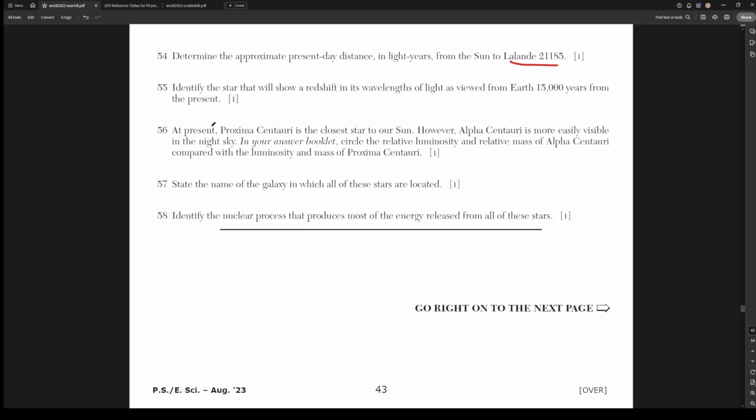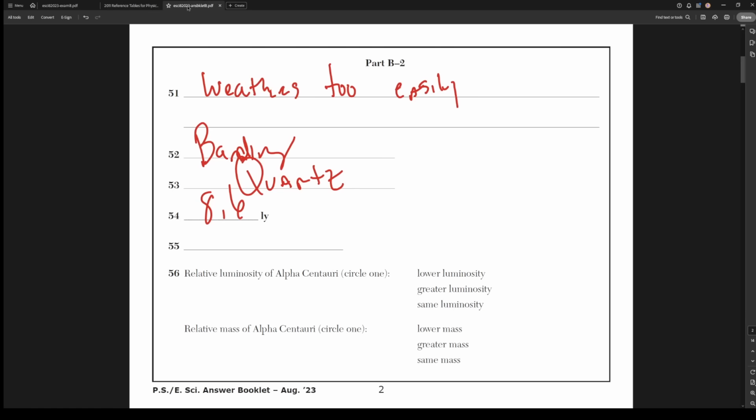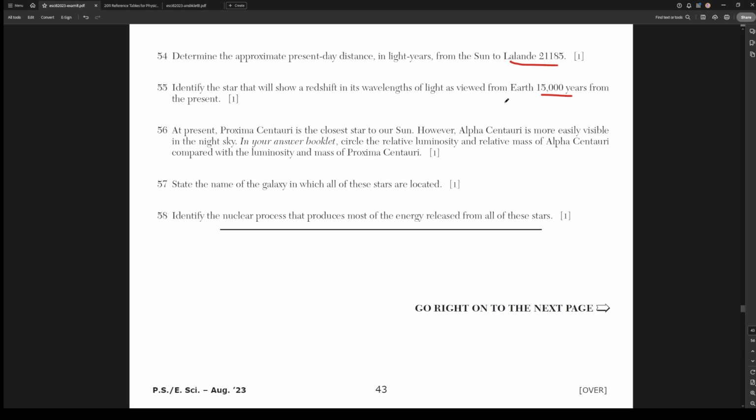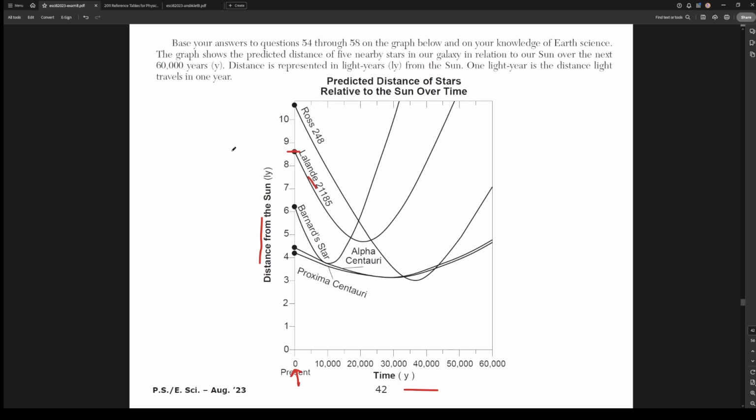55. Identify the star that will show a redshift in wavelength 15,000 years from the present. Okay, so first of all, redshift means it's going away. So we need it to be going away from us. So here's 15,000 years from the present.